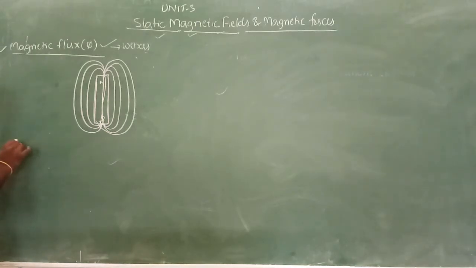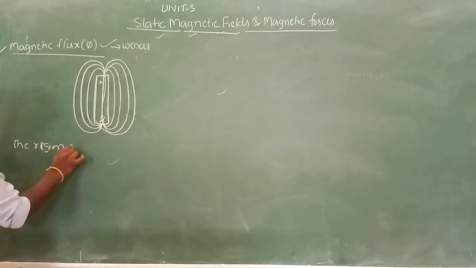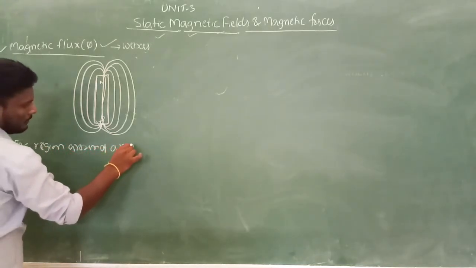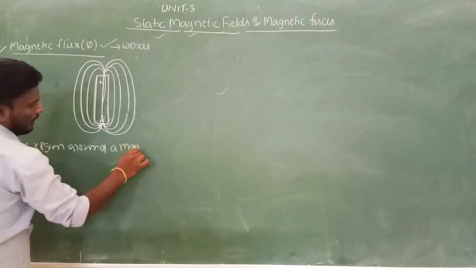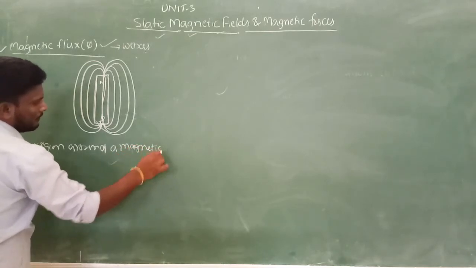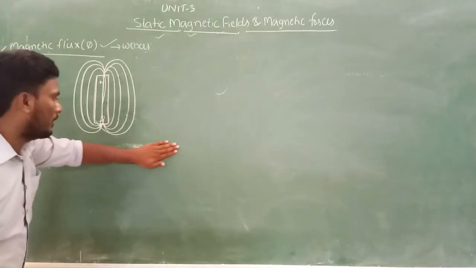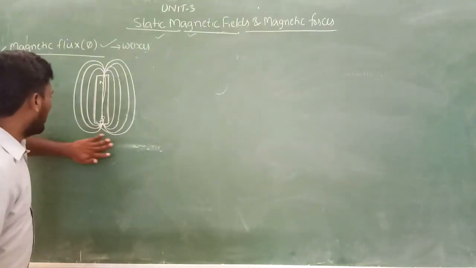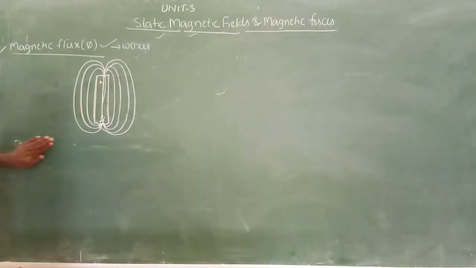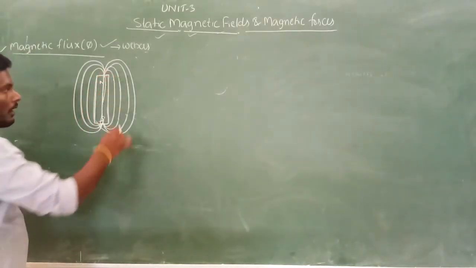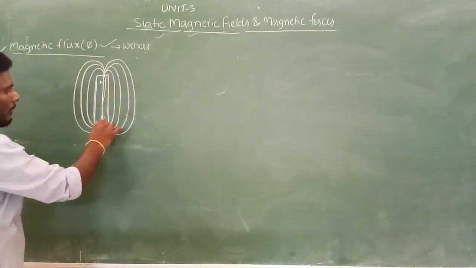The region around a magnet, or we can define it in another simple way. We can define the magnetic flux like this. These are the imaginary lines or lines of forces which are created by the magnet.